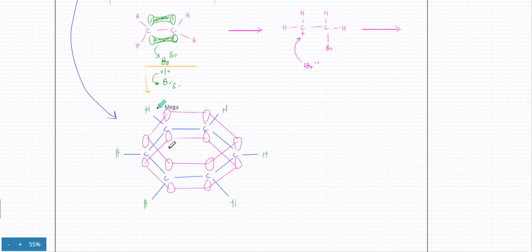Now what would happen is if a bromine molecule approaches it, the bromine molecule is going to be polarized.